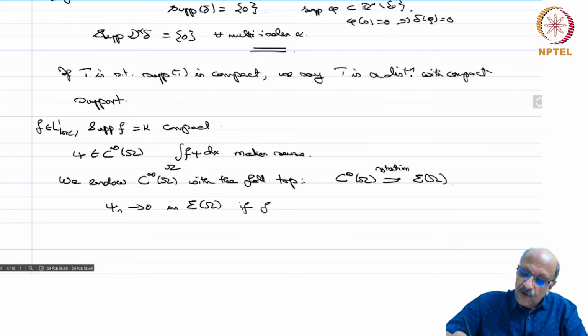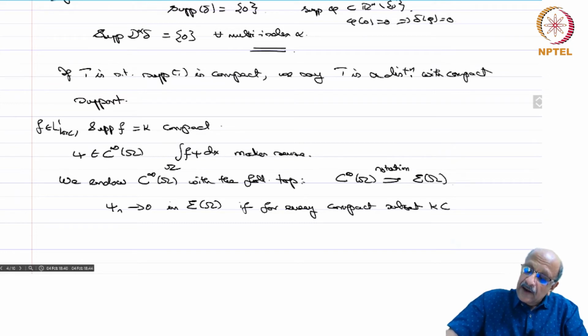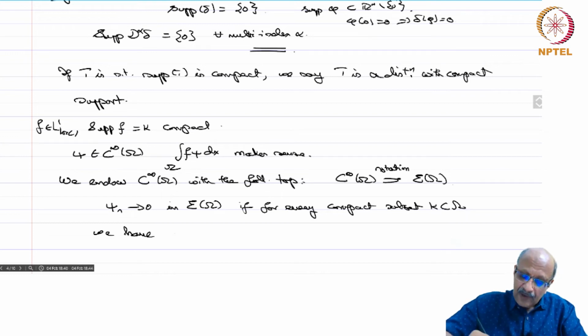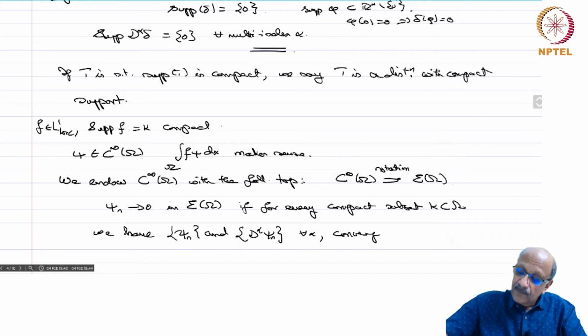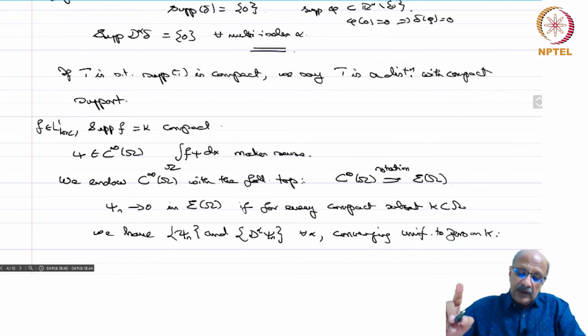if for every compact subset K contained in omega, we have psi n and D alpha psi n for all alpha converging uniformly to 0 on K. So this is similar to the D of omega convergence, but now you cannot assume that the supports are all in some fixed compact set.